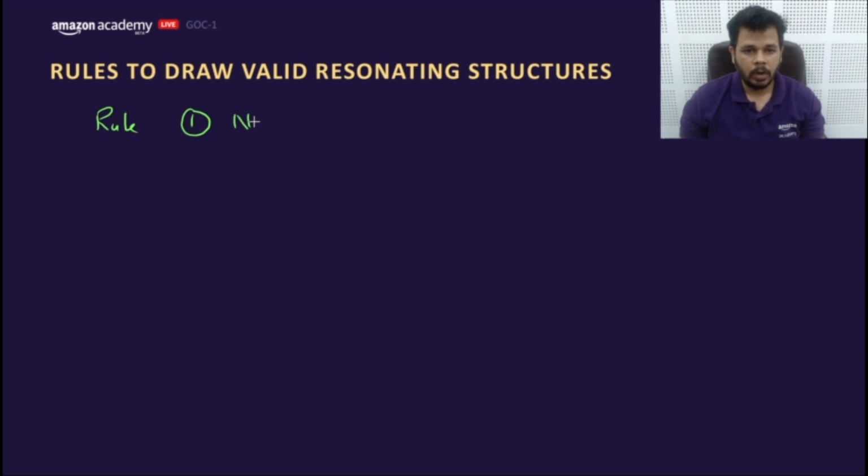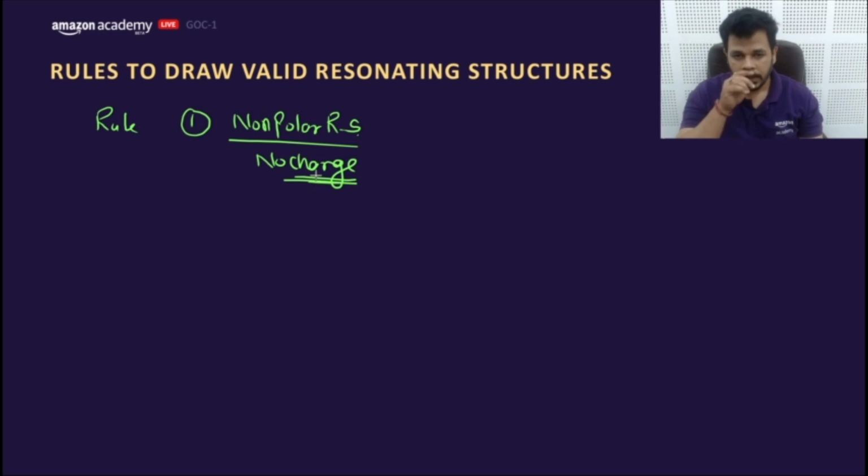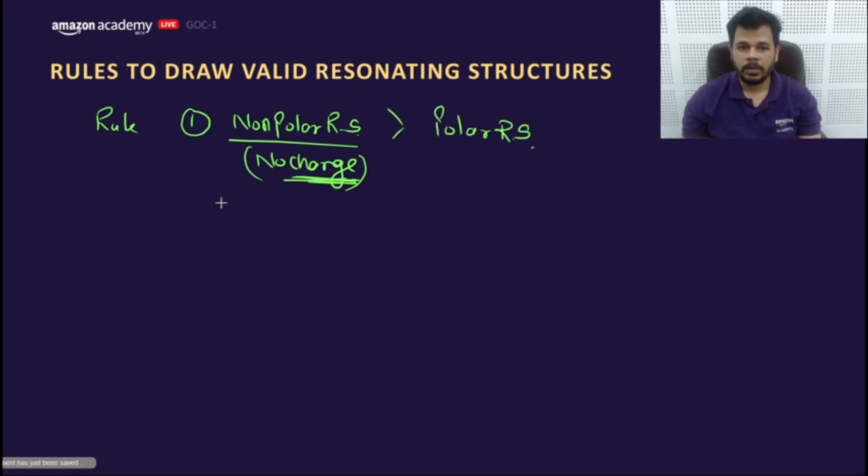Firstly, non-polar RS or neutral RS. Non-polar means no charge, and charge is like grief. So no charge means it would be more stable than the polar RS, the neutral species.